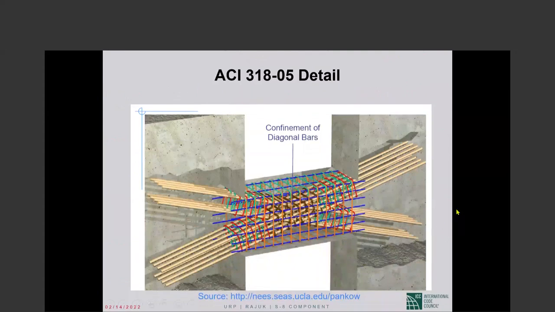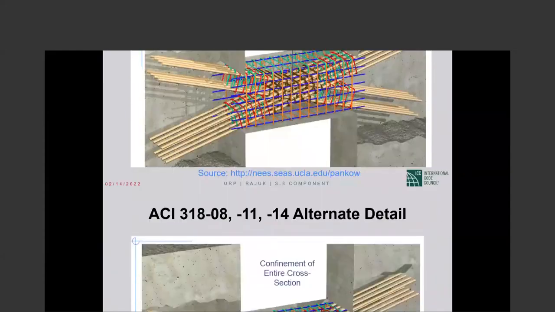So in picture, these are also John's pictures, not mine. This is what we had to do up to 318-05, individually confined diagonal reinforcement. Okay, this is one diagonal, this is the other diagonal, and there is some additional reinforcement in the coupling beam.